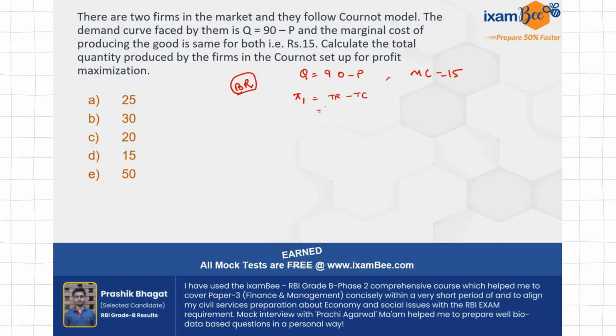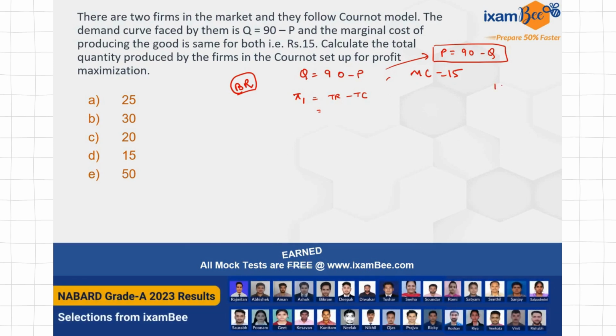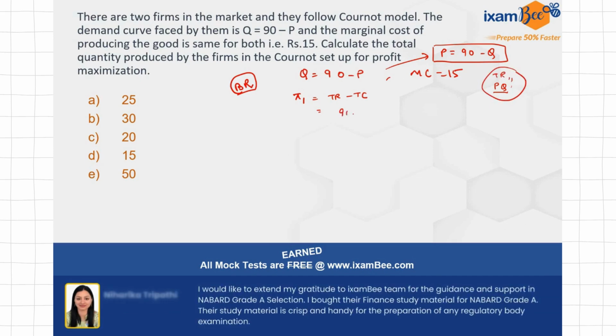To get total revenue, we write the inverse demand function, which is P equals 90 minus Q. Total revenue is price times quantity, so price is 90 minus Q times Q1, because this is for firm 1, minus the total cost. The marginal cost is 15, so the total cost would be 15 Q1. This is the profit function for firm 1.